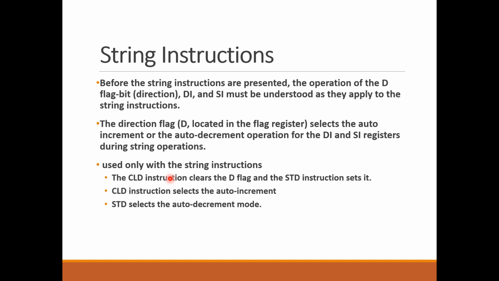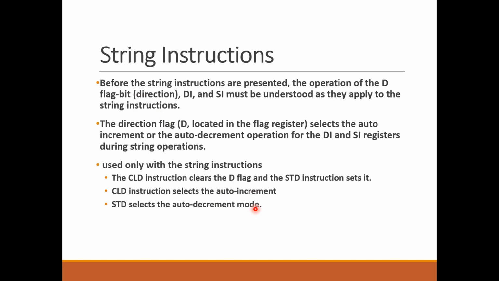So in order to understand how the string operations are executed on the strings, we need to know the operation of the direction flag. Okay, this is very important. Why? Because the direction flag tells whether the string is going to be read in auto increment or auto decrement.